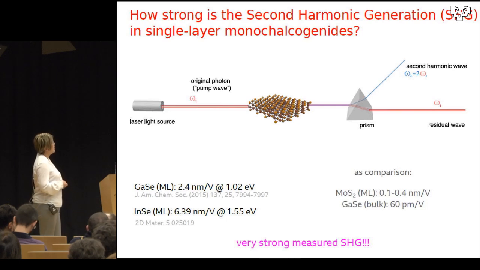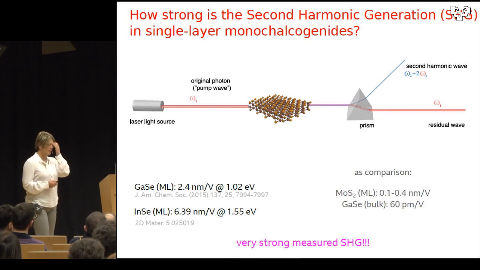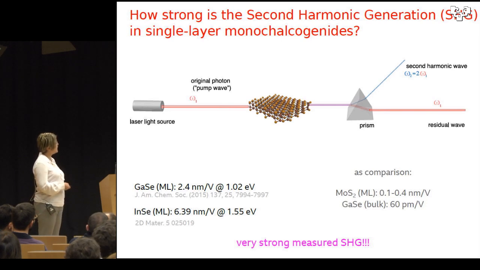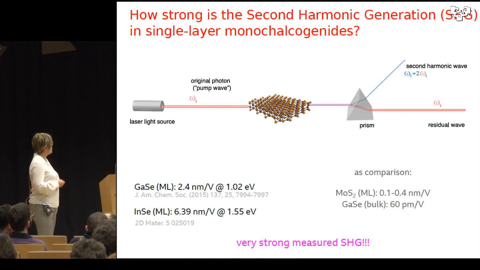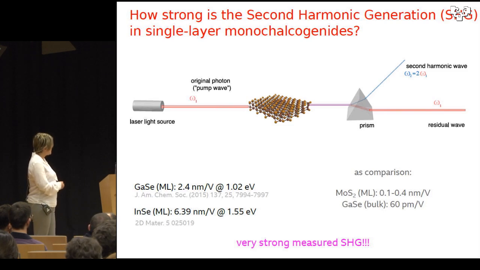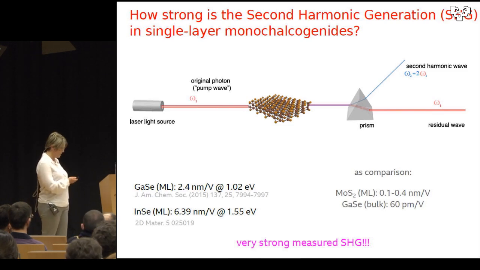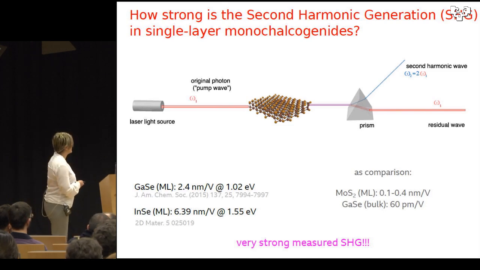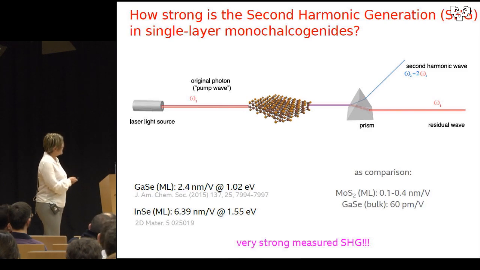And even if one looks at molybdenum disulfide monolayer, which is known to have a very strong second harmonic intensity, this is also quite larger: this is 2 orders of magnitude, this is 1 order of magnitude. So it seems that these are very interesting materials for second harmonic generation.